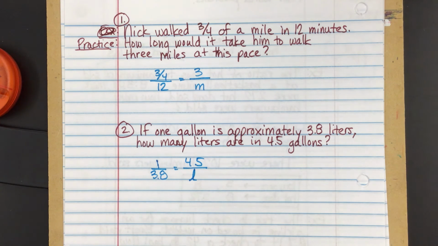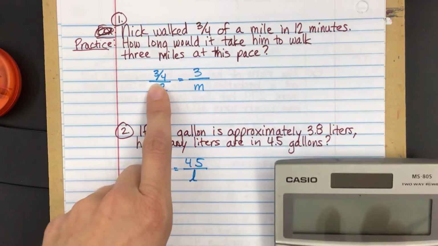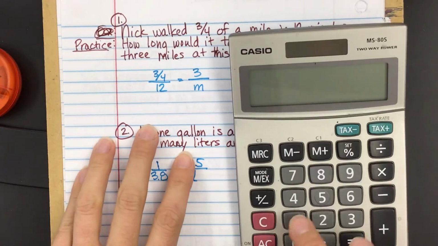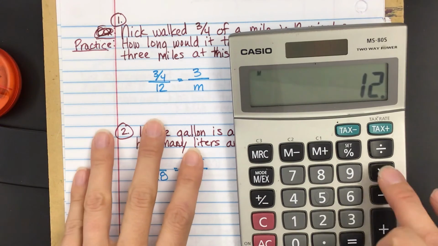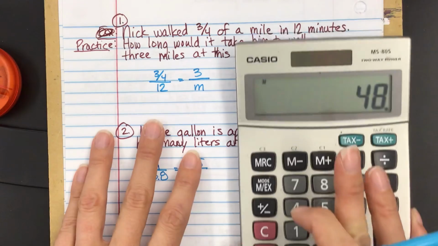For that first one, I got this question. It's a good one. Can you change that fraction to a decimal? Yes, you can. And that definitely makes it simpler when you're using a calculator. So that's what I'm going to do. I put miles over minutes, but if you put minutes over miles, you'll get the same answer. So 12 times 3 divided by 0.75 is 48.